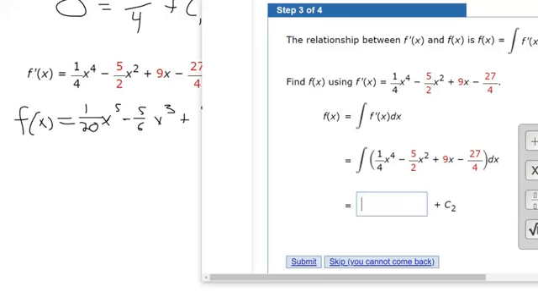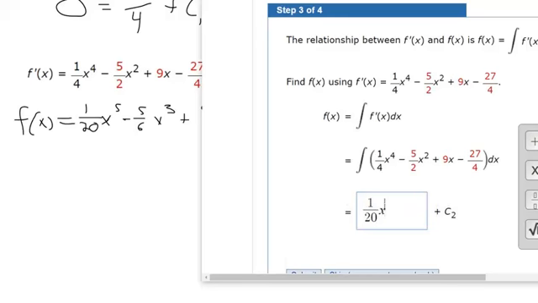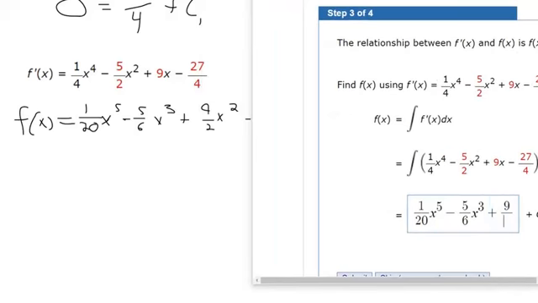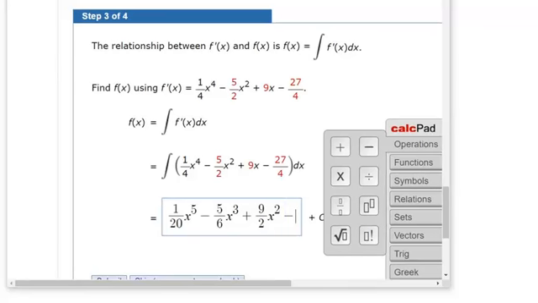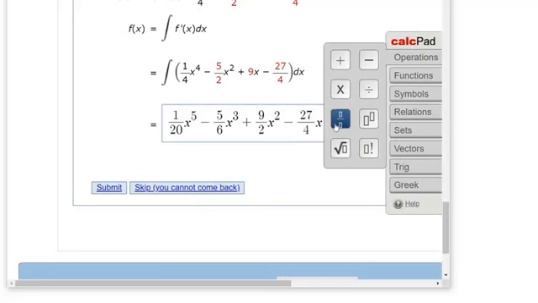I got to type all that in. There's minus 27 for x. Then what do they want for a constant? Oh, they already typed the constant c sub 2 for us.